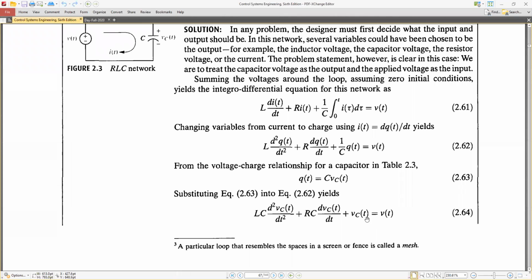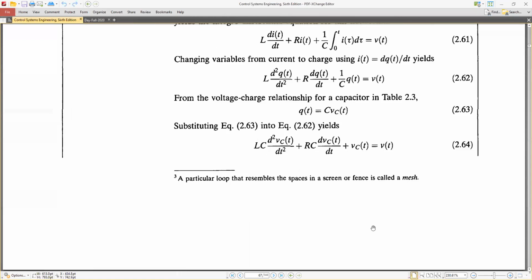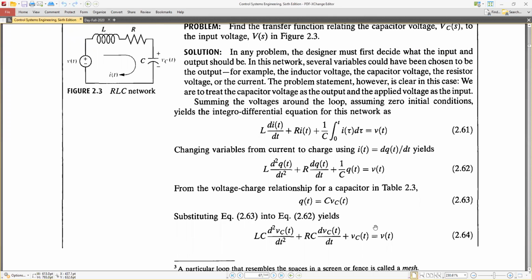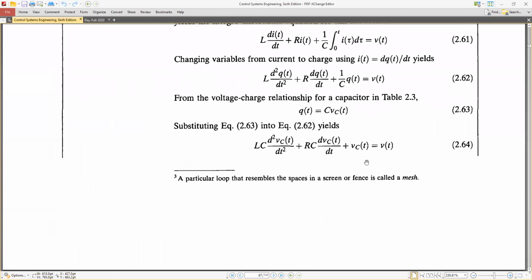From this equation we will change to the Laplace transform. Important thing, how to change this one. Let me help you.